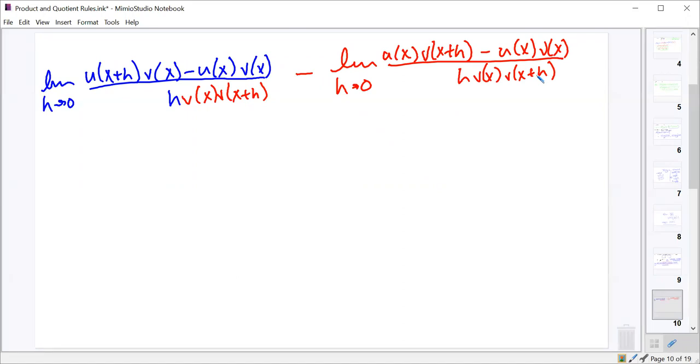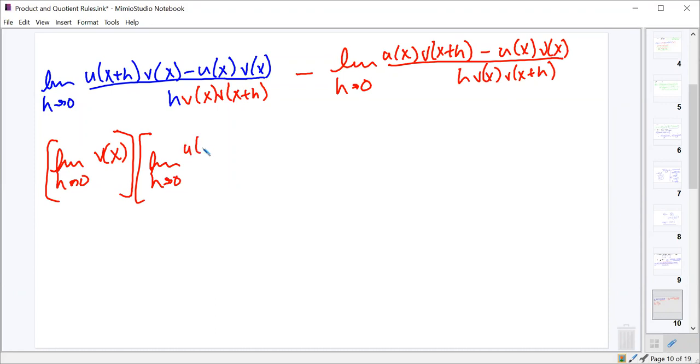Hopefully so. All right. We already said we're going to factor out the v of x from the first one. So this is going to give me a limit as h approaches 0 of v of x, and we're going to multiply that by a limit as h approaches 0 of u of x plus h minus u of x all over h.